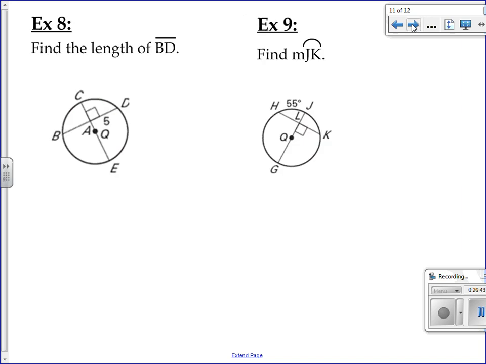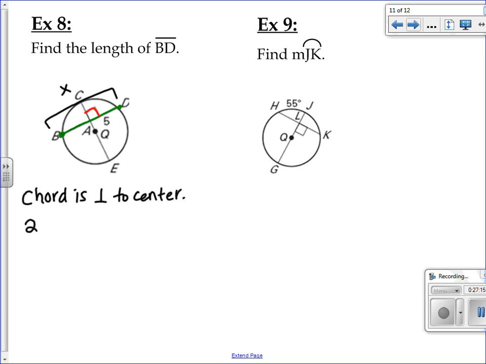Okay, example 8, we're trying to find the length of BD. So I'll just put a little X here. So again, let's analyze what we have. Okay, we have a chord. I've got a right angle, so I've got that perpendicular. So my chord is perpendicular to the center. So again, which of the three properties is this?